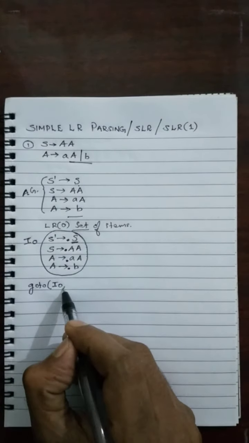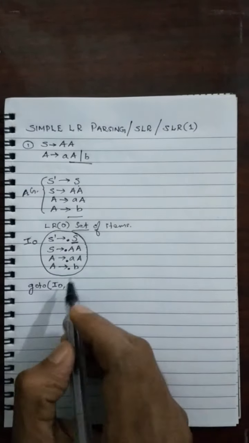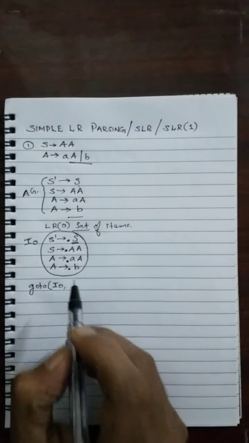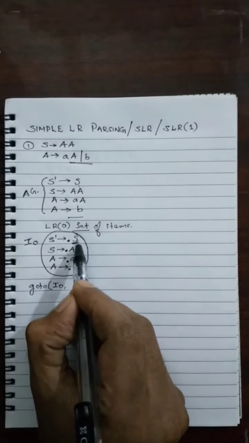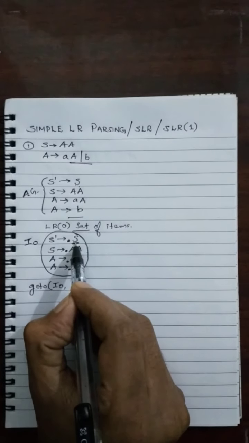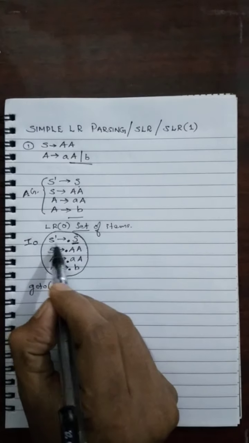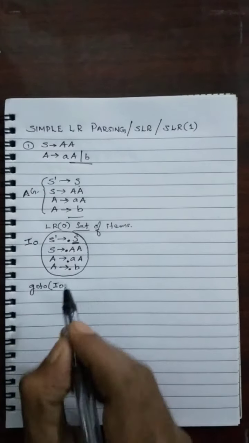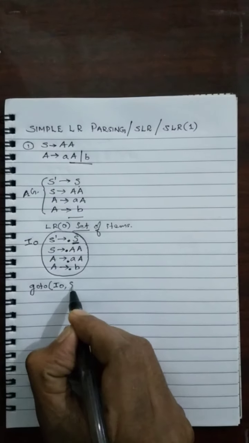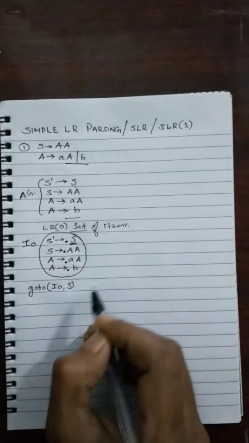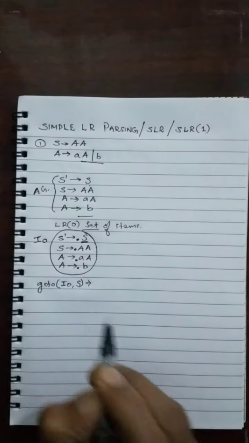So goto of I0 with what symbol are you going to move to the next transition state? It is by looking at the symbols to the right of the dot. In I0, let's consider the first production, S' producing .S. After the dot you have S. So this is what we look at initially. goto(I0, S).